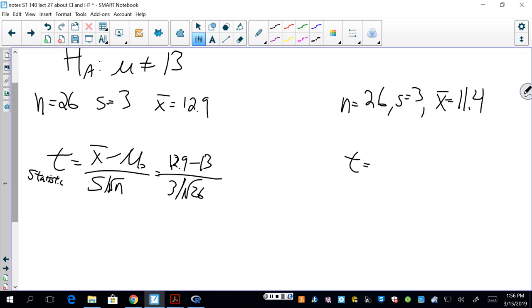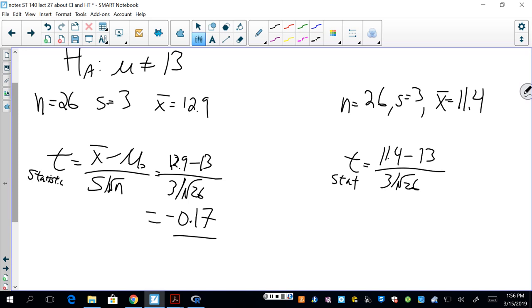We don't expect it to be too extreme, because 12.9 is pretty close. We didn't reject, and actually it's negative 0.17, almost at 0.